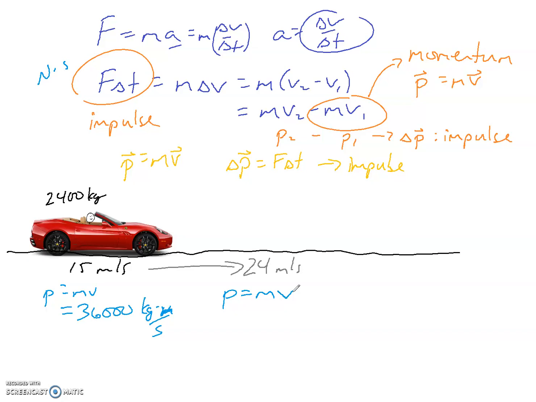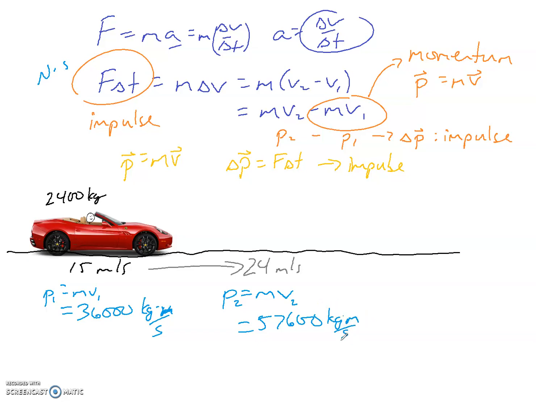This was my first momentum with my first speed, and this can be my second momentum with my second speed. I take that 2,400, the mass of me and my car, which hasn't changed, times 24, and I've got 57,600 kilogram meters per second for momentum.